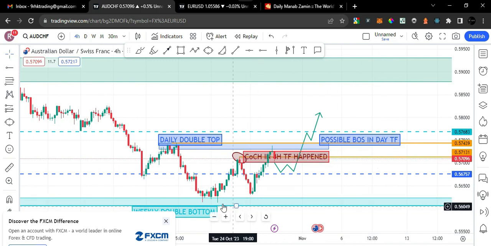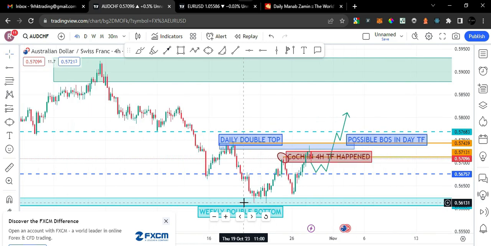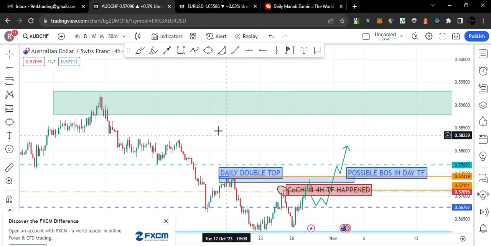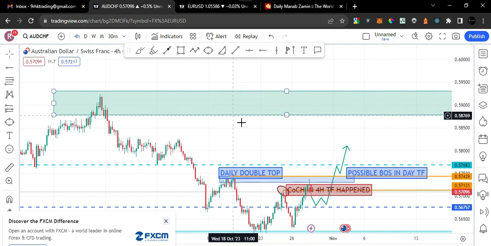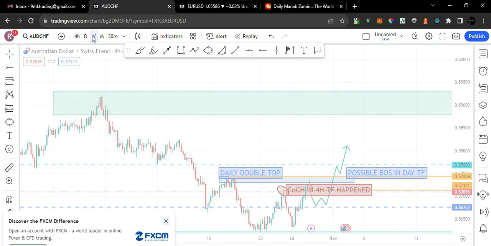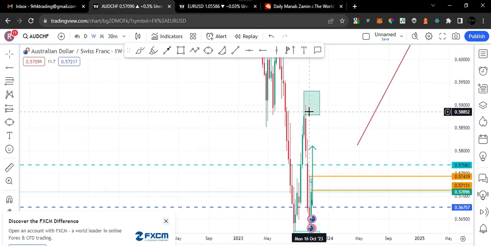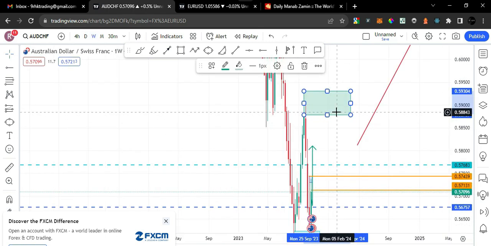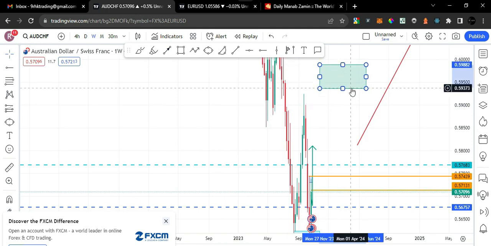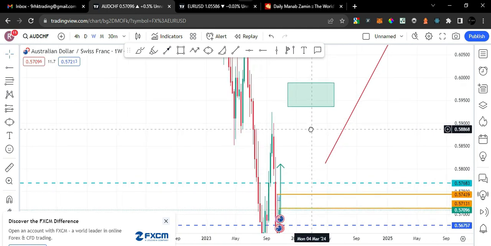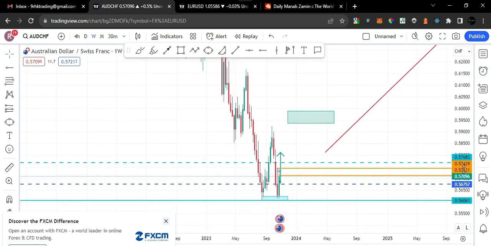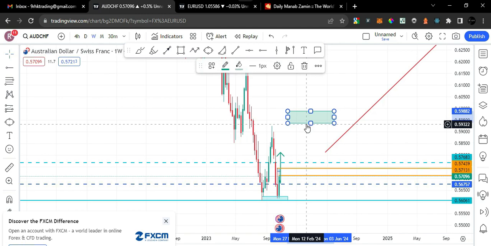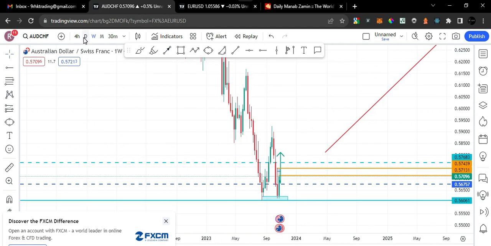As far as the weekly double bottom is concerned, and the weekly double top it is already coming from, let me show you the weekly double top. You can see the weekly double top here, can you? This is weekly double top. Okay, so let's not go to big trend, let's see in small trend.